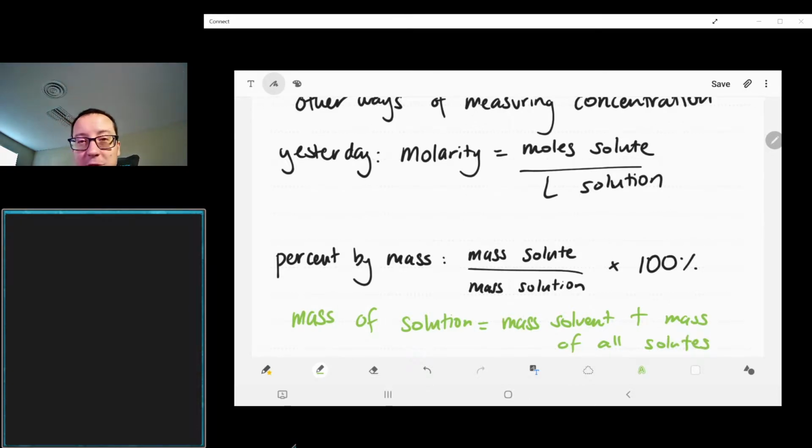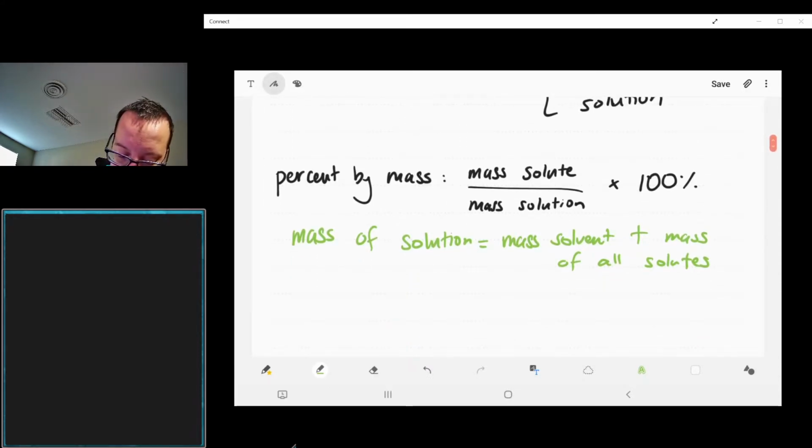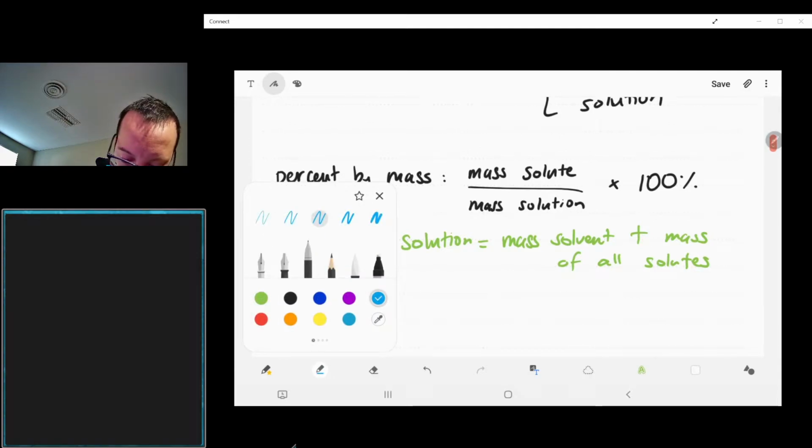So whatever stuff you've got going on in there, it's everything's mass. So it's the solvent and all the solutes that you have floating around in your solution. We'll talk about the solution process in a little bit, about how solutions come about, but right now we're just doing basic calculations.